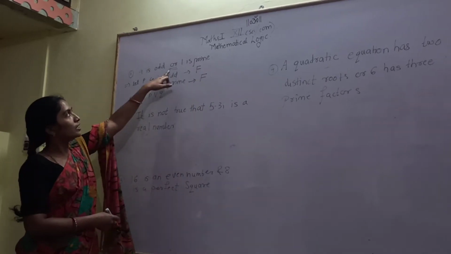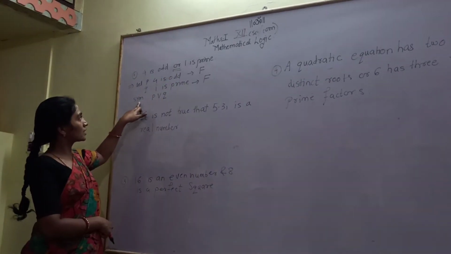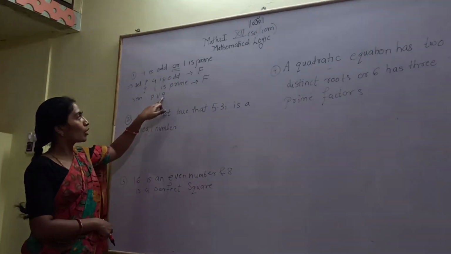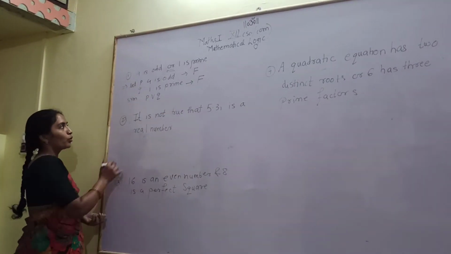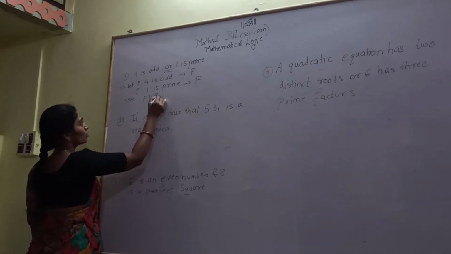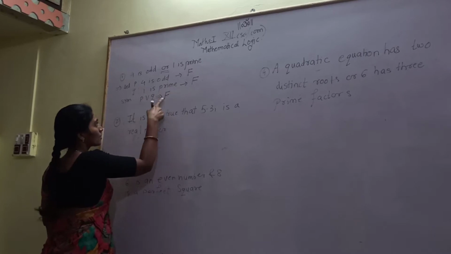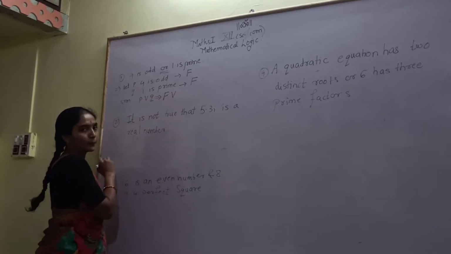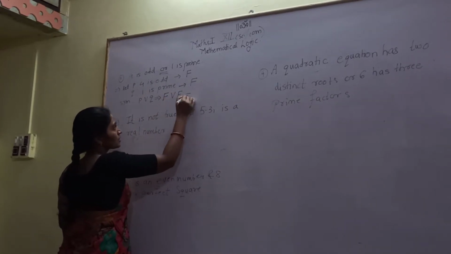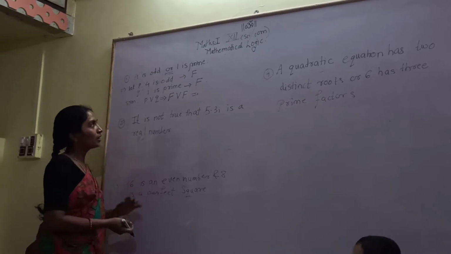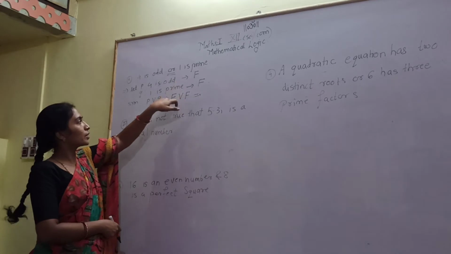Here the connective used is or, which means it is of the disjunction kind, therefore I write its symbolic form as P or Q. Now put the values: P is a false statement, therefore put F, and keeping or as is, Q is again F. F or F. This is a disjunction, and we know that in a disjunction, if one of the statements is true, then and only then the statement is true.